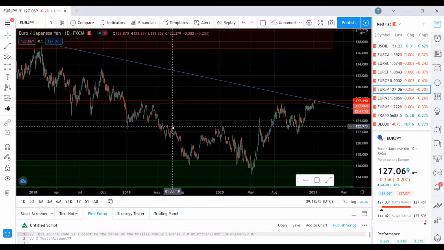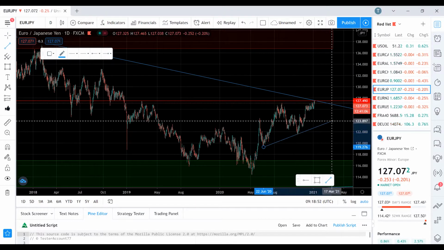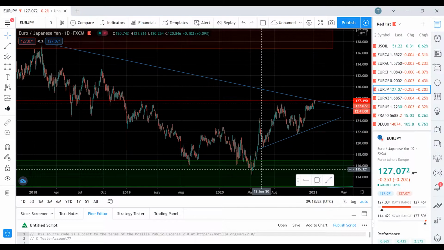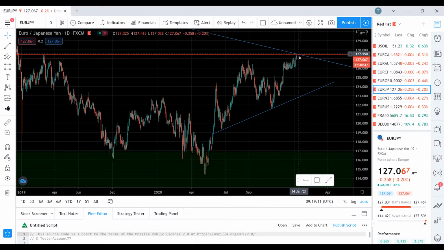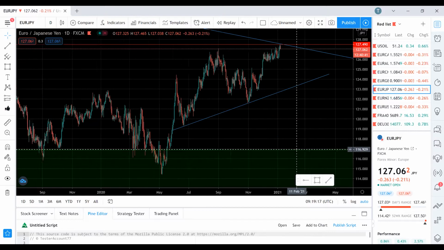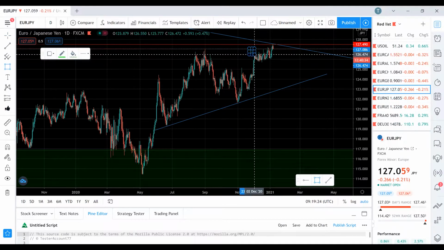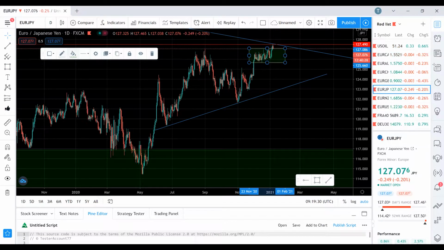Move to the daily. Trend support here. Maybe a rejection from here to trend support. We also have a consolidation rectangle.